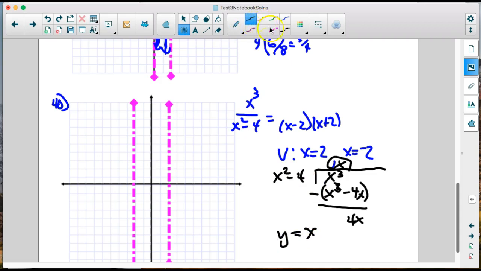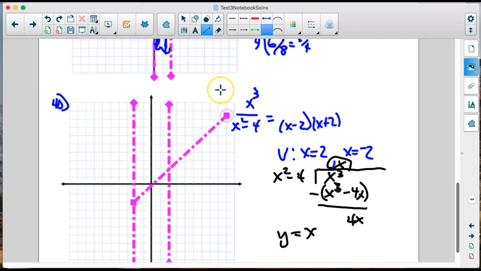So that's going to be a line through 0, 0, crossing at 45 degrees, through -1, -2. So start here at -2 and draw your line through there.